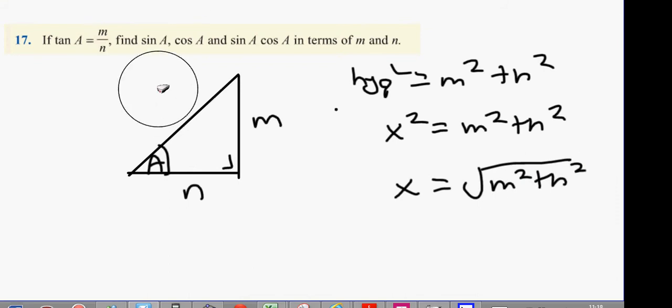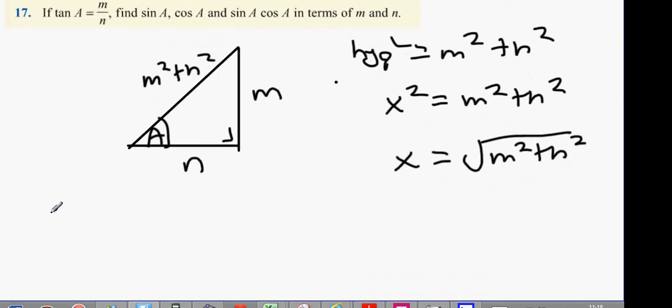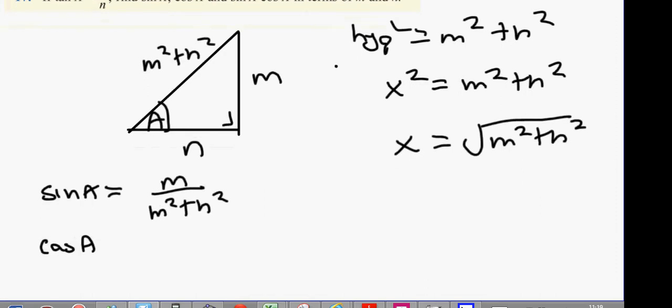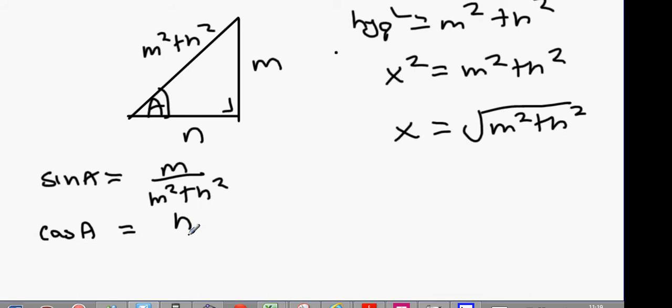Okay? Now you have it done like this. Now guys, sine A is opposite over hypotenuse, which is m over the square root of m squared plus n squared. Cos A equals n over the square root of m squared plus n squared.